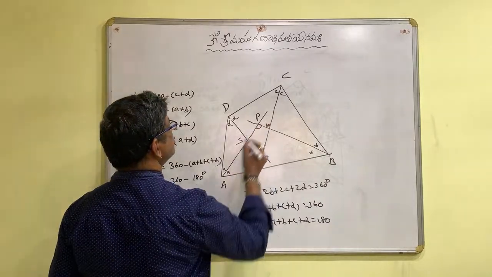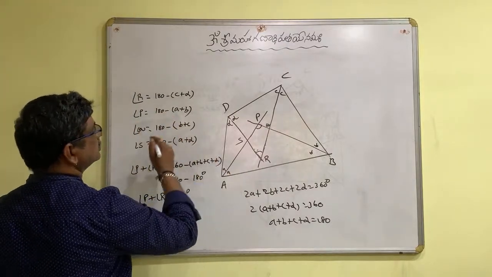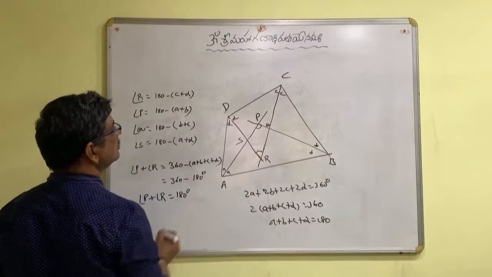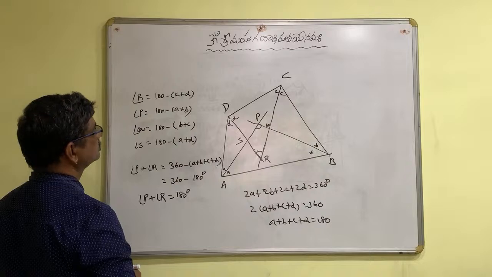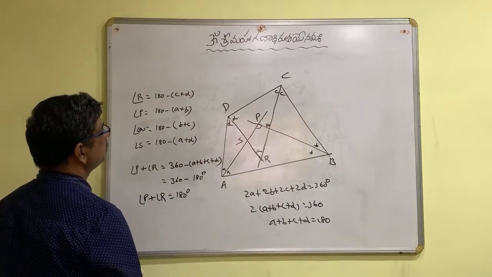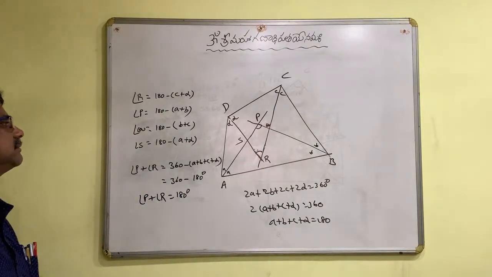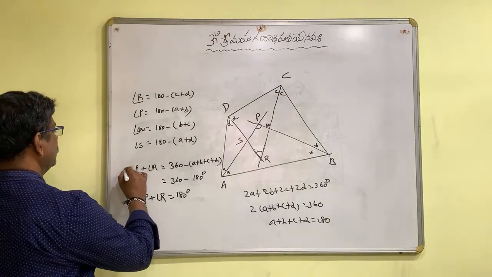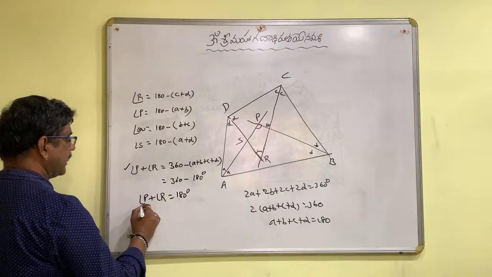This angle is 180 minus A plus B. This angle is 180 minus C plus D. And this angle is 180 minus A plus D. This angle is 180 minus B plus C. Now if we add opposite angles, angle P and angle R, we are getting 180 degrees.